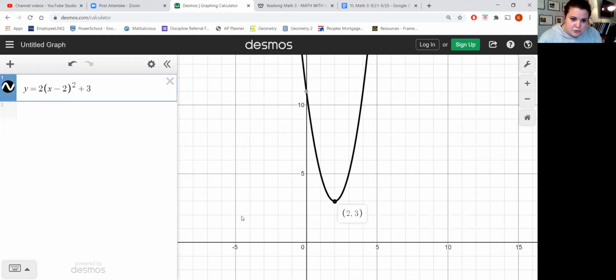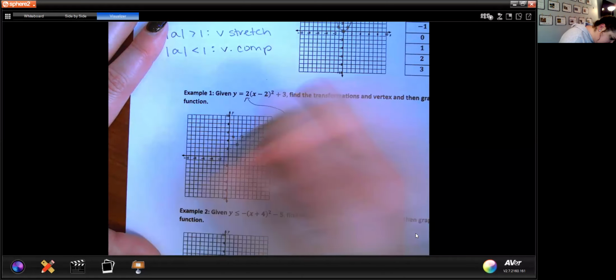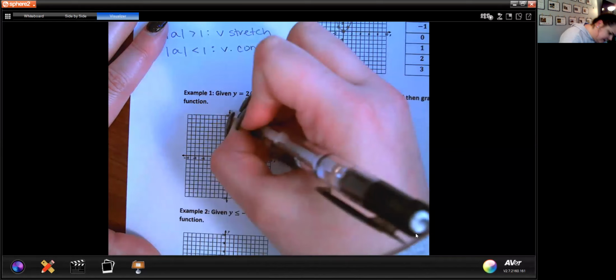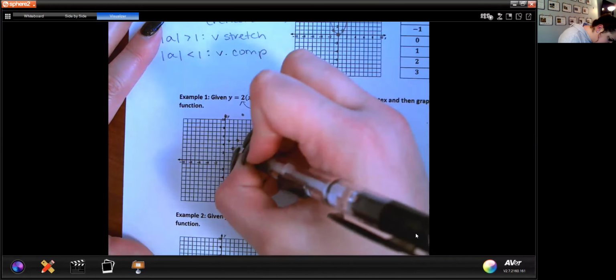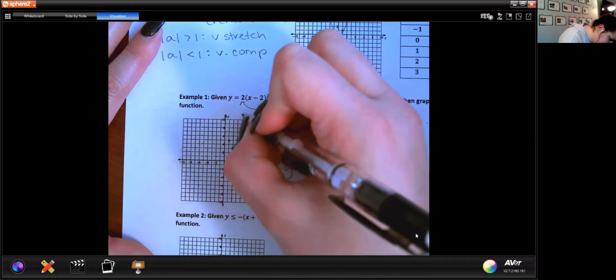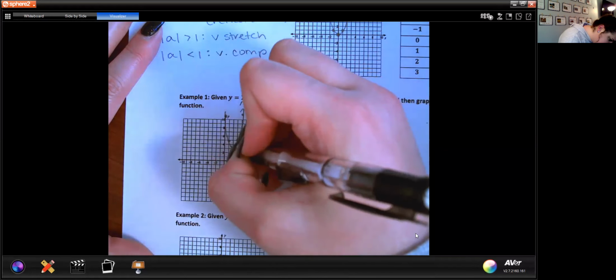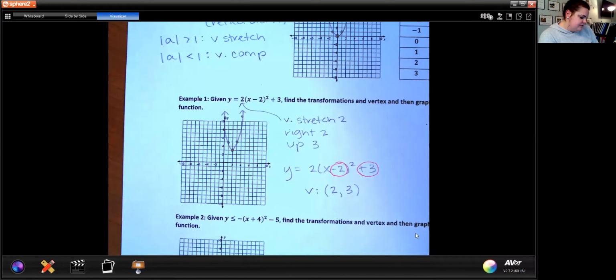So over 1 up 2, over 1 up 6, I'm going to go ahead and graph that on my paper. So over 1 up 2, over 1 up 6 is just a little bit off the graph, so I'm going to go ahead and draw it anyway. And then I'm just making sure that this is still kind of U-shaped, even though it got real skinny that time. I'm just making sure it doesn't look like a V, because I want to know for sure that it's different than those absolute value graphs.